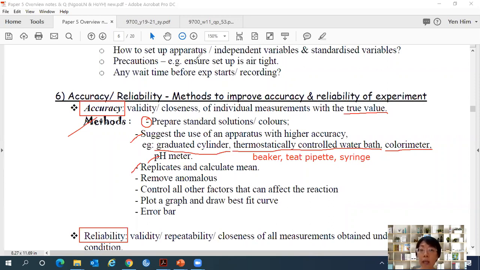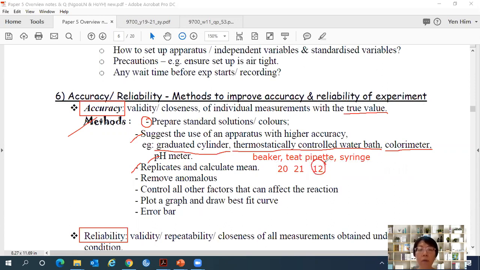This can increase accuracy of your reading in what ways? I'll tell you. Let's say you got 3 readings, right? You got, I say 20, and the next one is 21, and suddenly the next one is 12. So when you got 3 readings like this, straight away you can see that 12 is an anomaly.